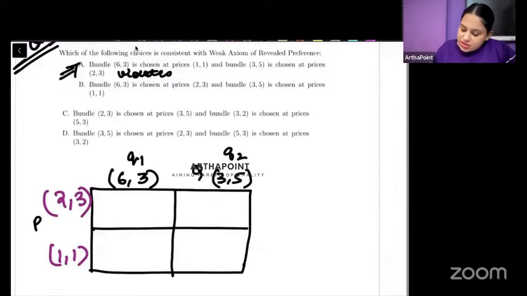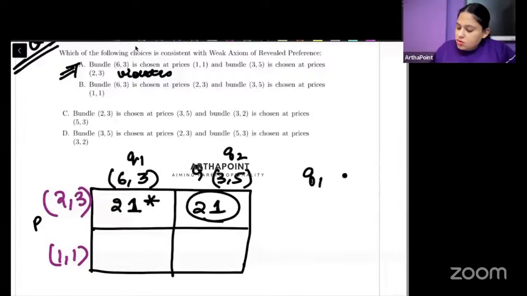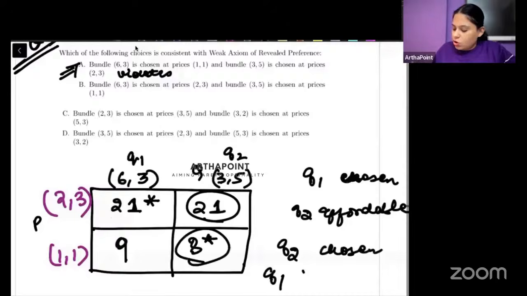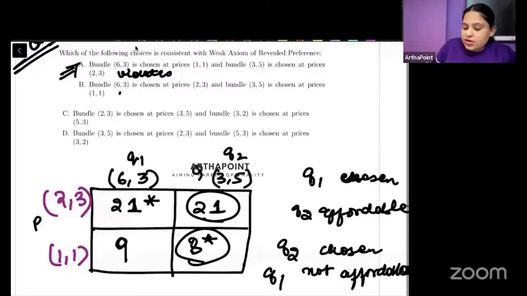So for option B, 6, 12 and 9, 21. 3, 2, 6 and 15, 21. So when Q1 is chosen, Q2 is affordable. 6, 3, 9, 3 plus 5, 8. But when Q2 is chosen, Q1 is not affordable. So it doesn't violate.